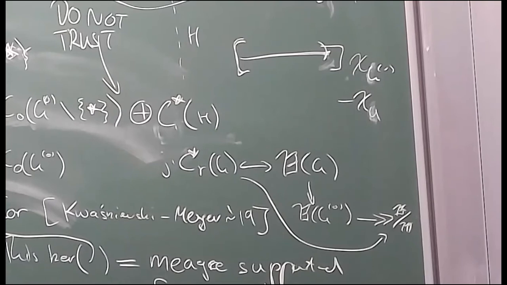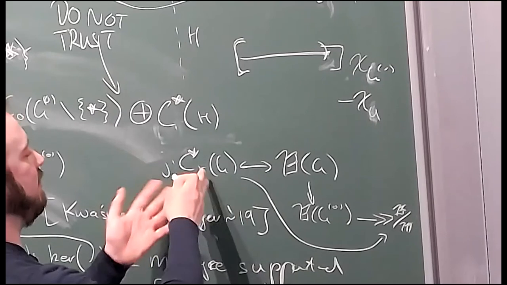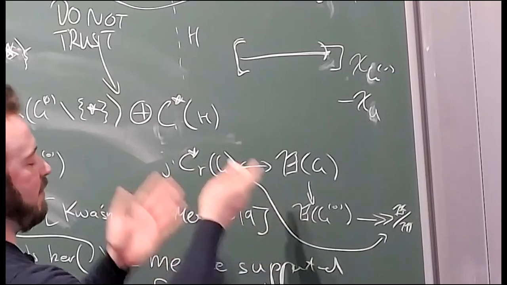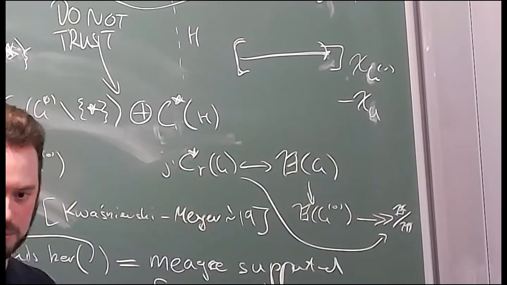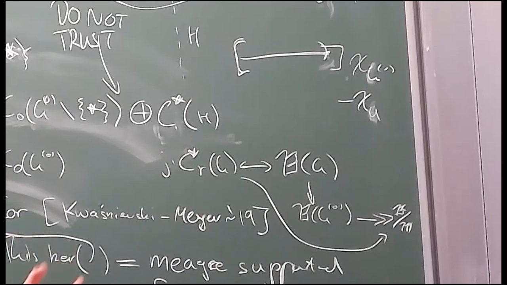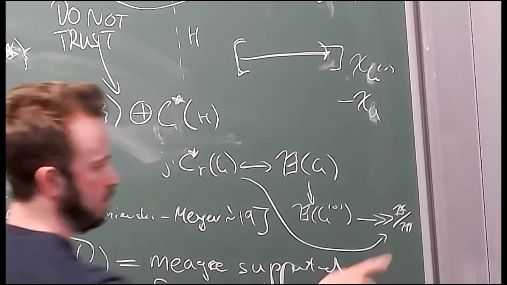It makes sense that it does, because if you're thinking of these as functions, whether I restrict and then quotient, or quotient then restrict, I should get the same thing. I haven't messed with the function's values on the unit space until I quotient, and even then you only mess with it up to a meager subset, which you don't care about in the end.